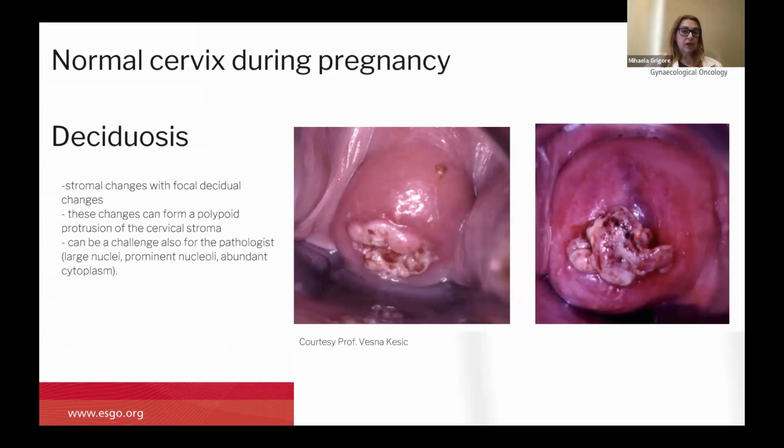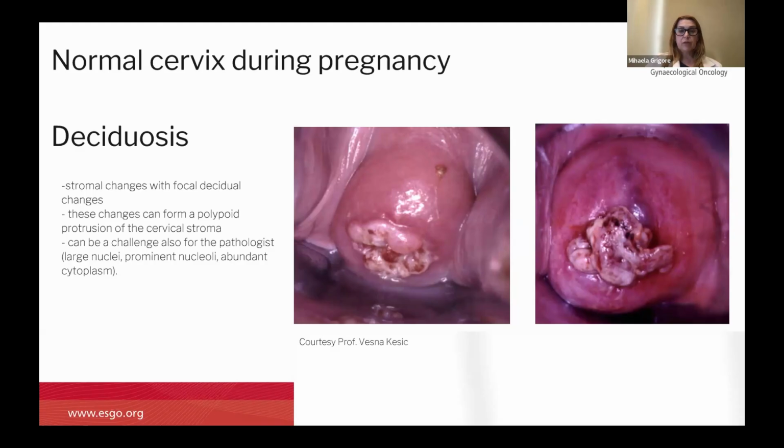This is quite a challenging situation, both for colposcopists and for pathologists. If we are not sure, it is not a bad idea to make a biopsy and to advise the pathologist that it is a pregnancy and that it is possible to have a deciduosis.